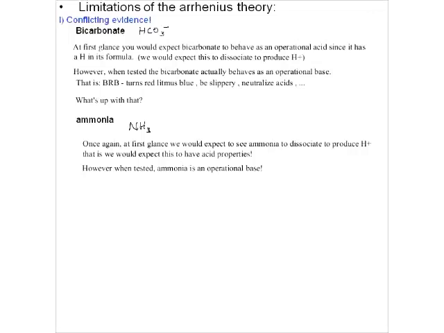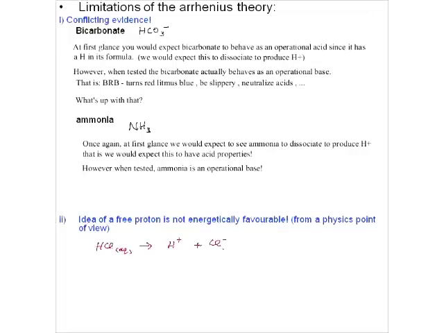And another group of people started to weigh in on this as well. Physicists started to weigh in on what Arrhenius was saying, because you're saying, hey, if you're going to tell us that hydrochloric acid is going to dissociate to give H plus and Cl minus, let's just back this up a little bit.